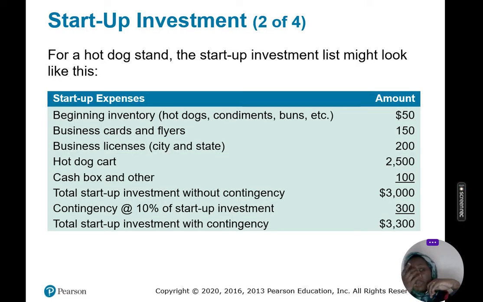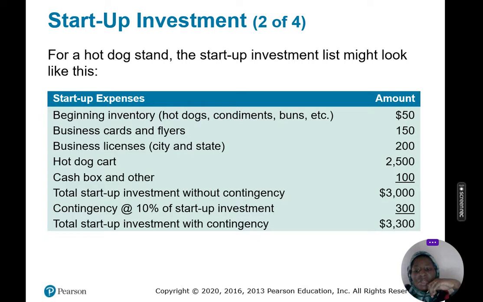The example given here is a small scale business, a hot dog stand, which means you are selling hot dogs, and this is the startup expense for such a business. They are talking about the beginning inventory, such as hot dogs, condiments, buns, and also business cards and flyers.